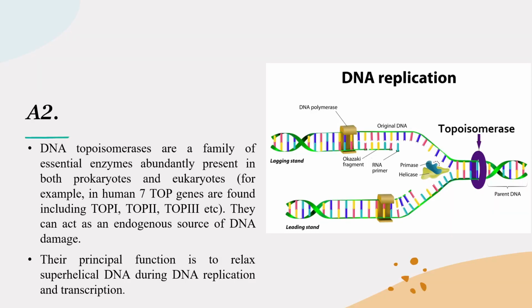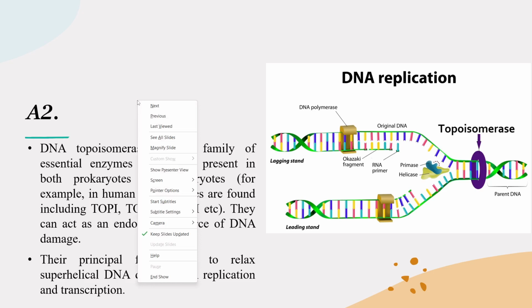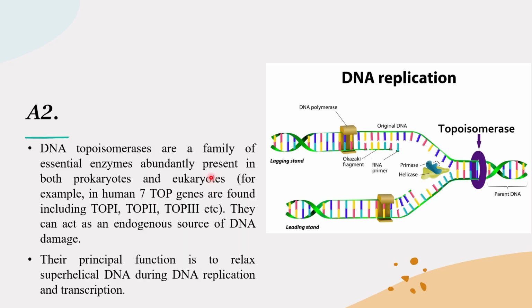So let's discuss a little bit about DNA topoisomerases, how it functions and how it's doing its work. I guess you are able to watch my screen. So just pay attention.